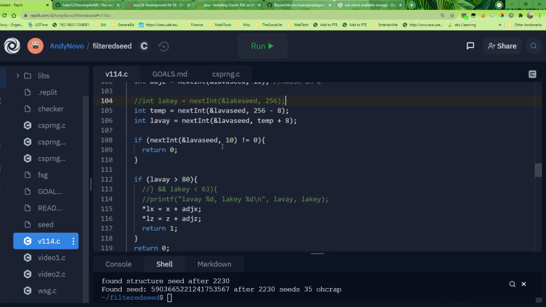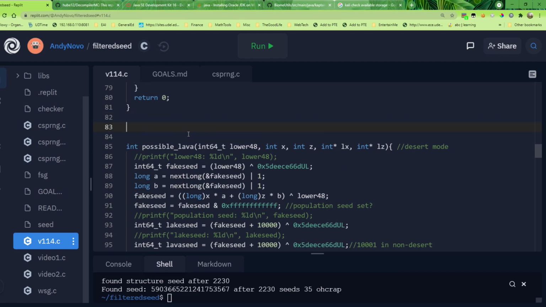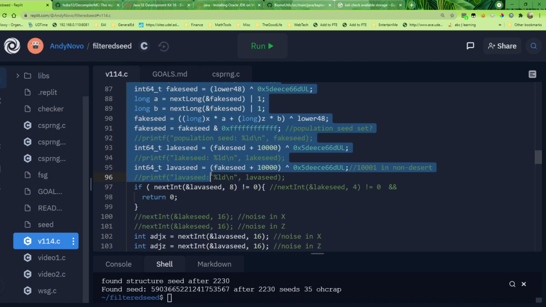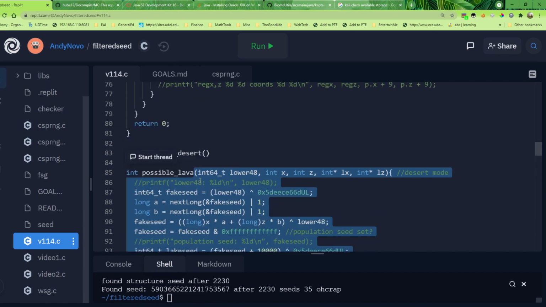Okay, so I think I probably will just make a non-lava or like non-desert mode. Yeah, it's great. You can just copy paste everything and then undo the comments. Yeah, right. And maybe I should do some testing on the non-lava one.